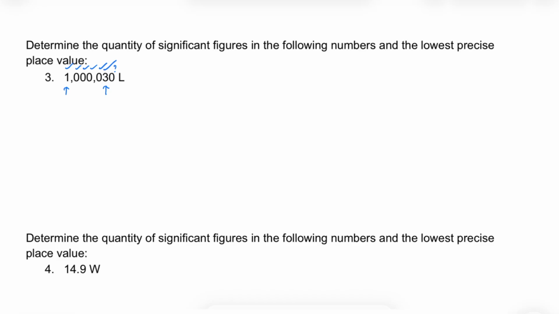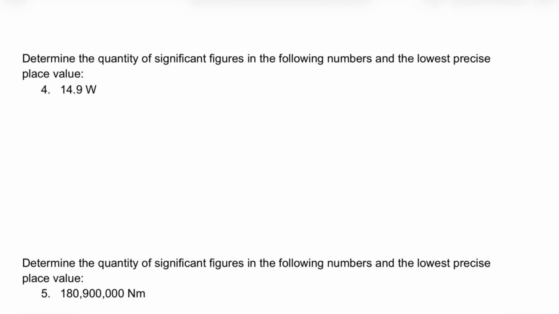Again, if there's a decimal point, then they are. If there's not a decimal point, then they're not. And so in this case, since we have no decimal point, those trailing zeros will not be significant. So it looks like we have 3 significant figures in this measurement right here, and our lowest place value where we have precision, where we have a significant digit, is the tens of thousands place value.